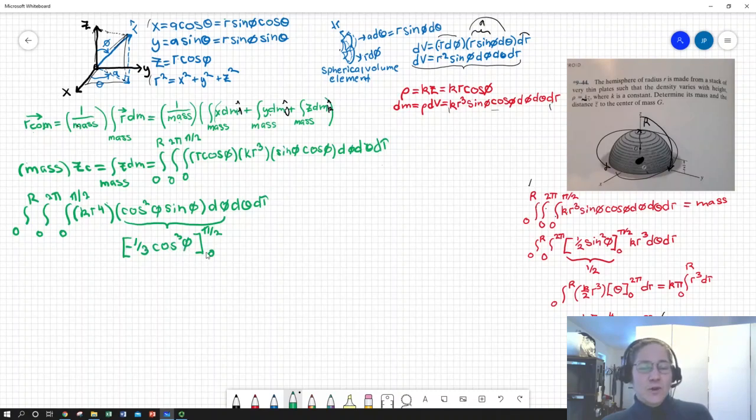We're going to subtract a negative 1/3, which should give us positive 1/3 for that term.